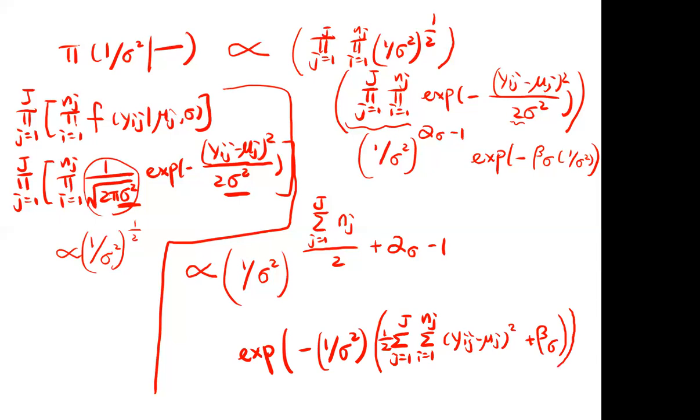And this is a gamma. Okay, so my two gamma parameters. The first one is this. The second one is this.